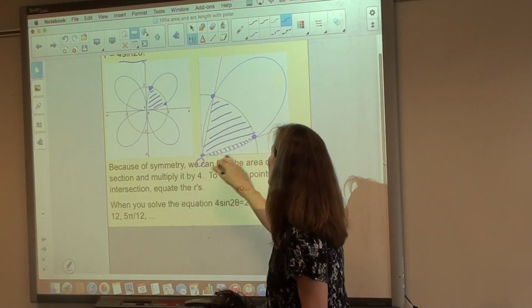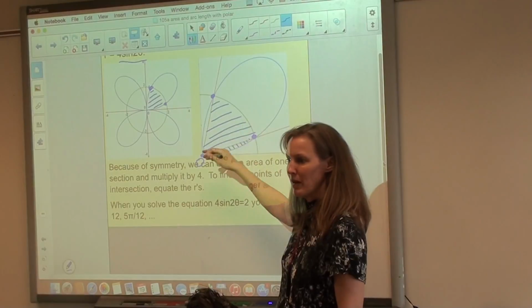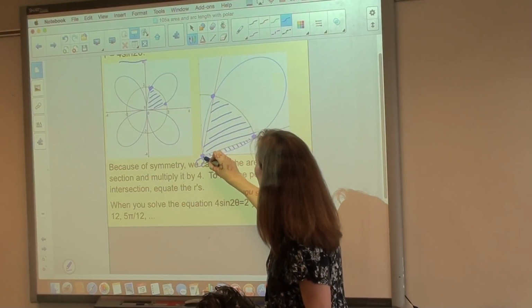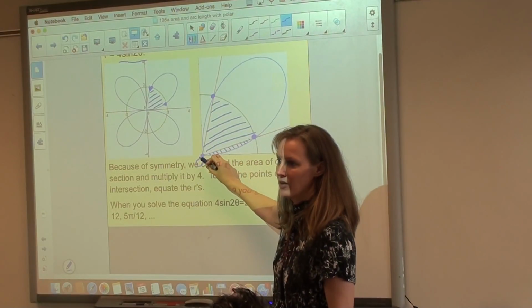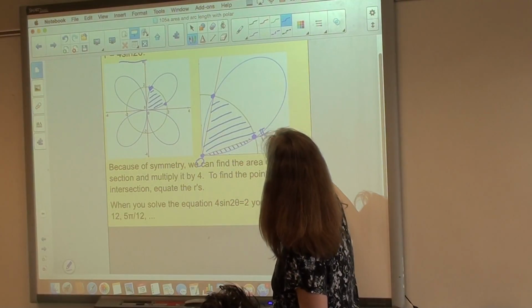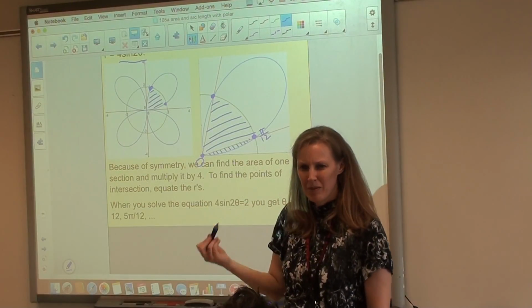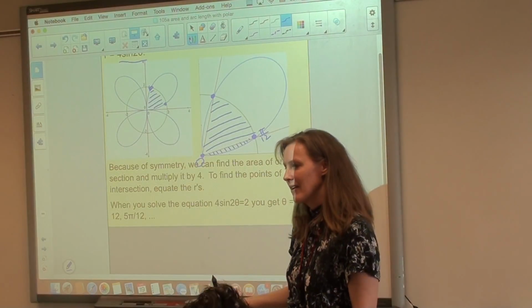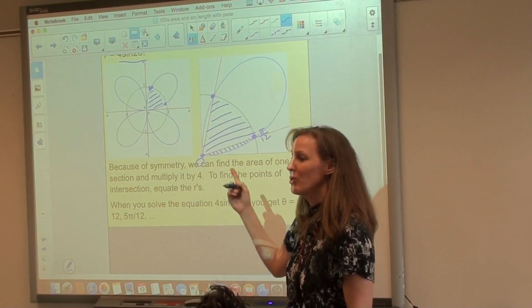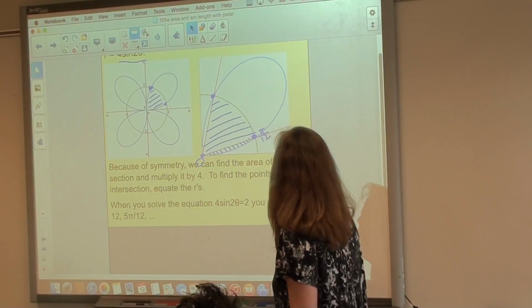Theta equals 0 is not a physical boundary of the region, but it's the starting angle of that region. And then the ending angle of that region is pi over 12. Does that kind of make sense? And it's different because you use the equation of the petal and not the circle, yeah? Yeah, that sounds right.